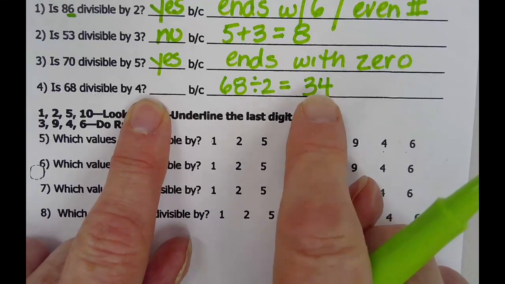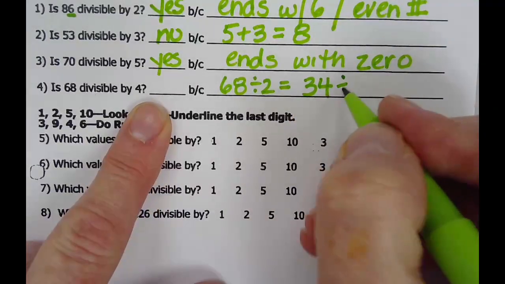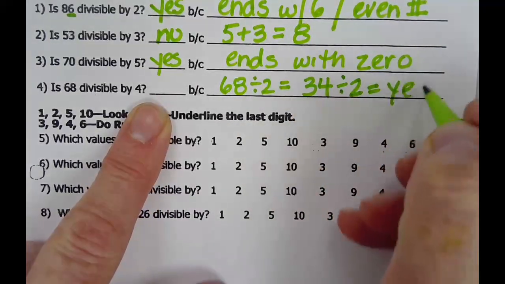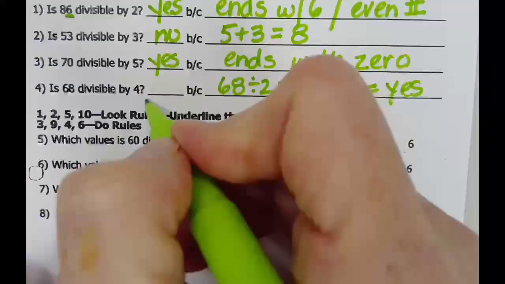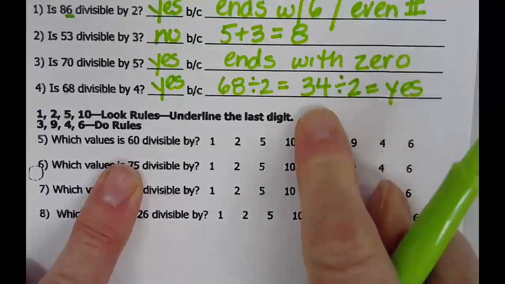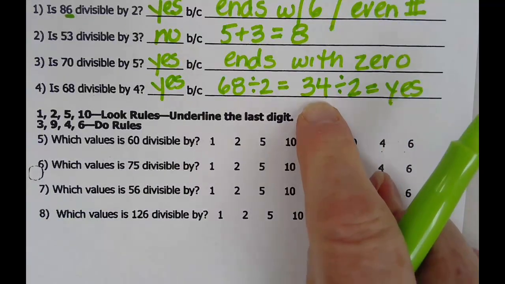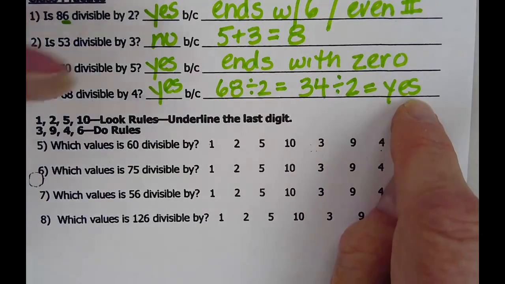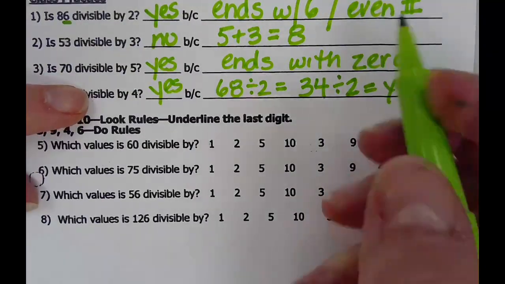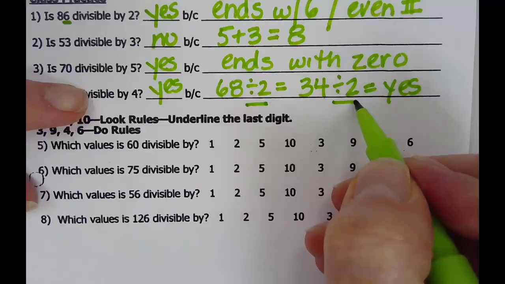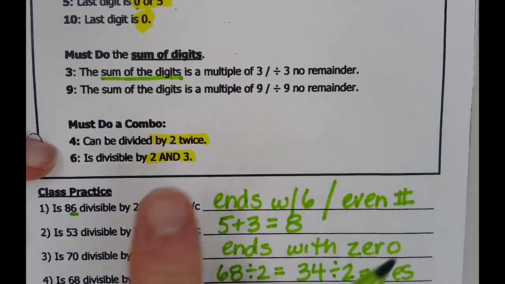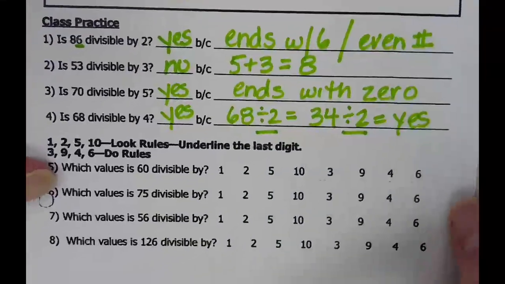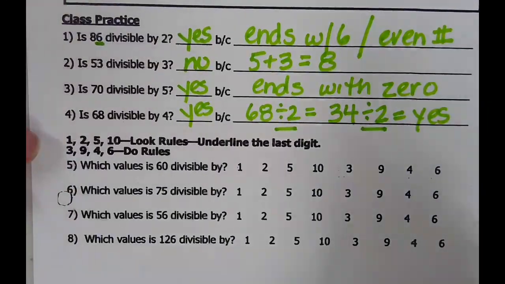Even. Can I divide this by 2 a second time? Yes. If I can divide by 2 a second time, the answer is going to be a yes. If I get an answer like 33, can I divide 2 into 33? If it's no, then this would be no. I have to be able to divide by 2 twice. That's what we have here. Can you divide by 2 twice? Questions?